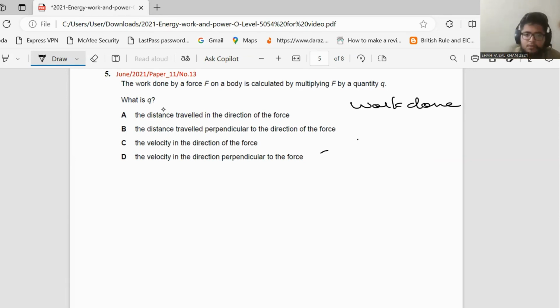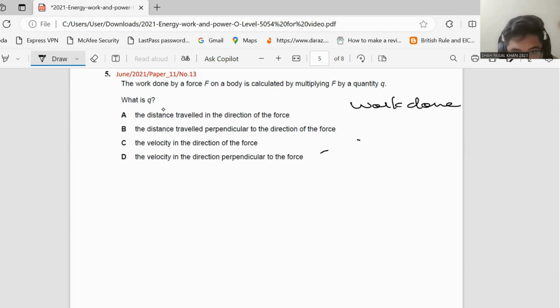The physical definition of work done, while the mathematical definition is F into D. This is the mathematical definition of work done. In the theoretical definition, the second part says the distance traveled in the direction of the force.